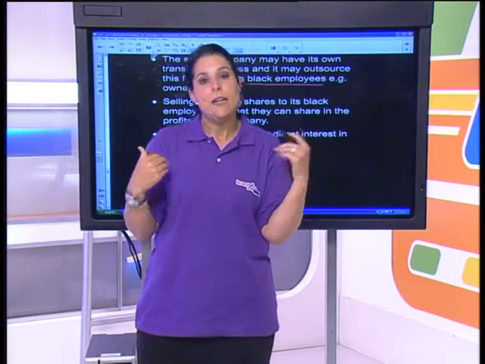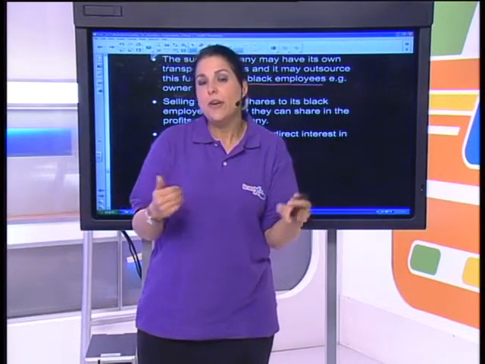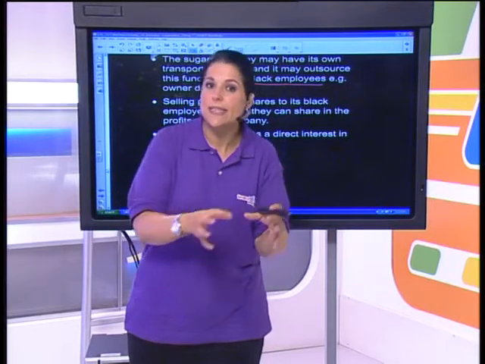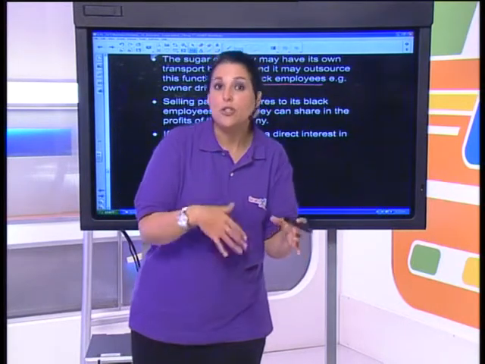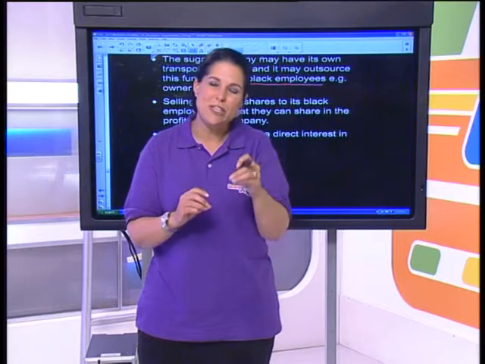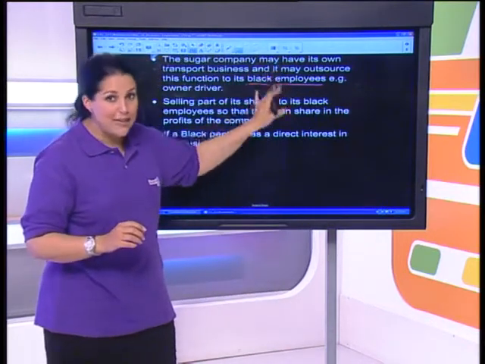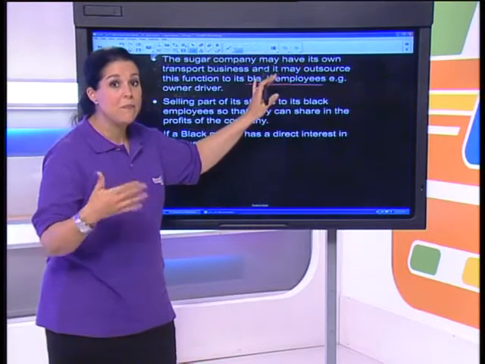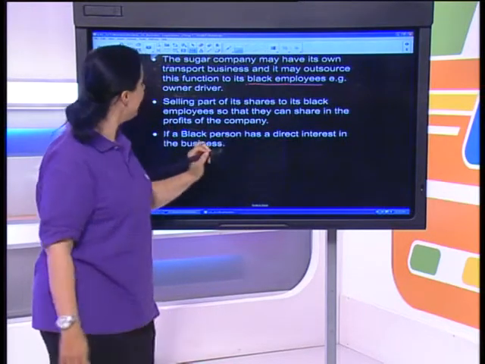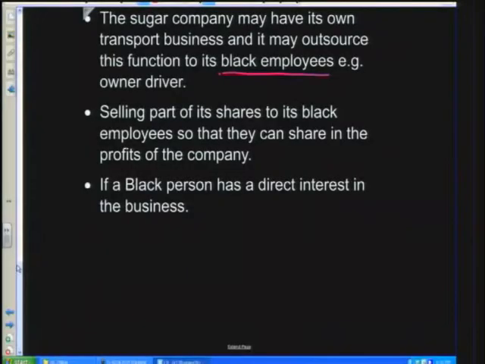We can say, we're not going to do it ourselves. We are going to outsource, ask another company to do this for us. And we can make sure that it is black-owned or run by black employees that you're going to let manage that. Then, selling part of your shares to your black employees.